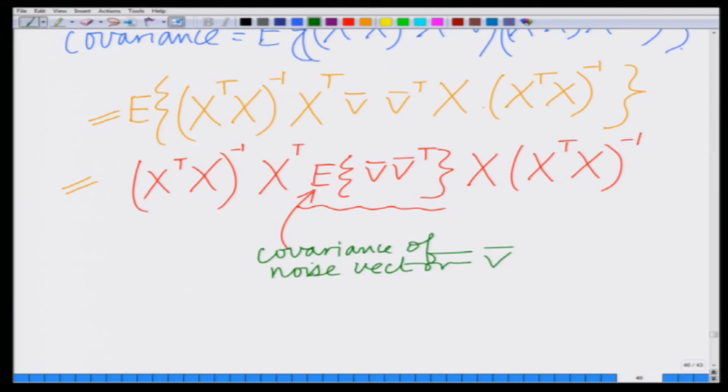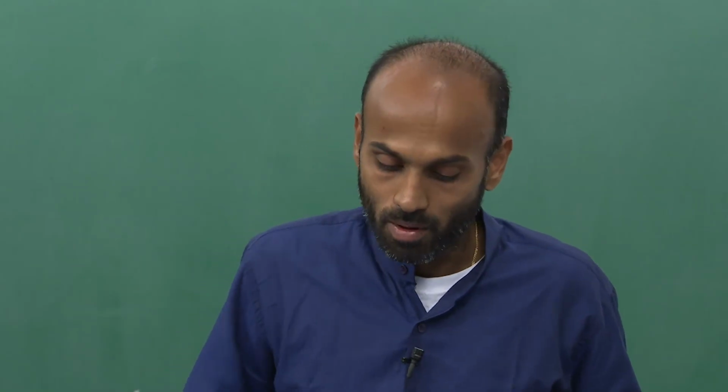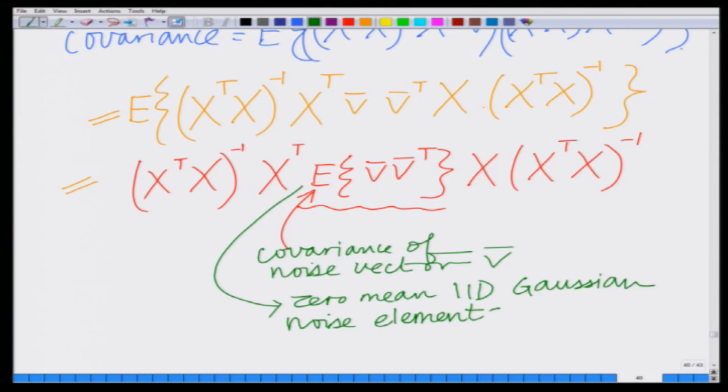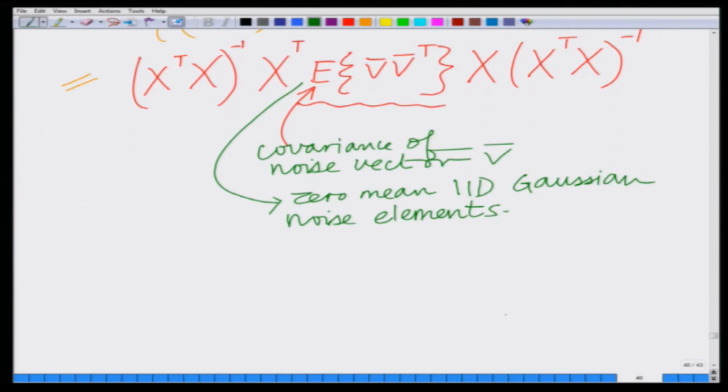Remember, expected V bar transpose is the covariance of the noise vector V bar, and remember again we are considering zero mean IID Gaussian noise elements V1, V2 up to Vn, which means the covariance matrix is sigma square times identity. That is something we have seen before.